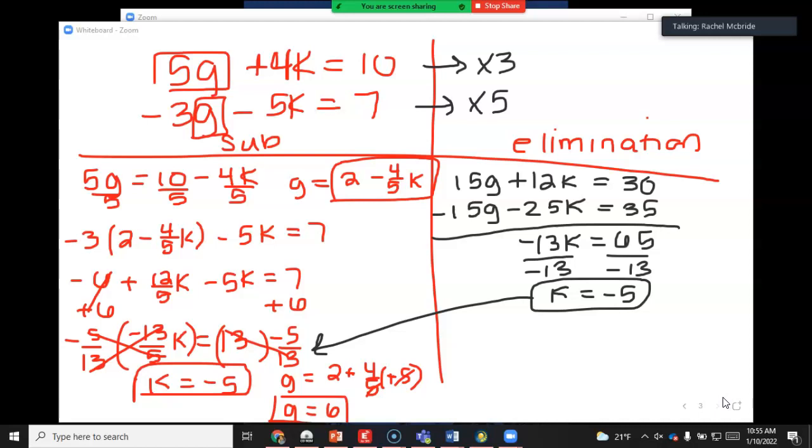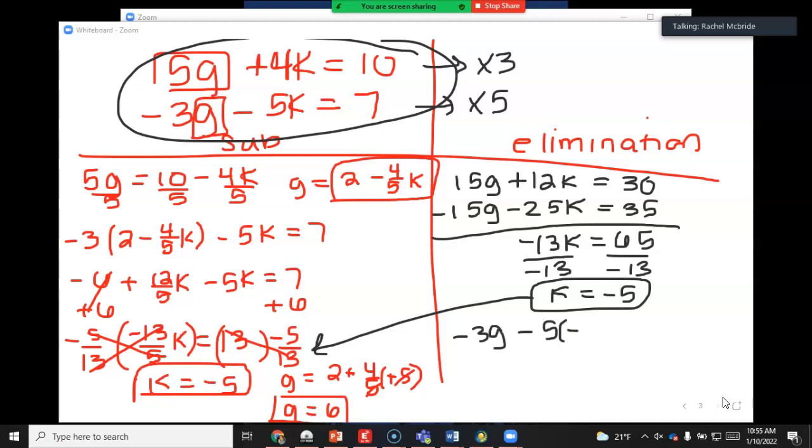Take k and plug it back in. You want to plug it back into an original, not a multiplied form. So you have -3g minus 5 times -5 equals 7.